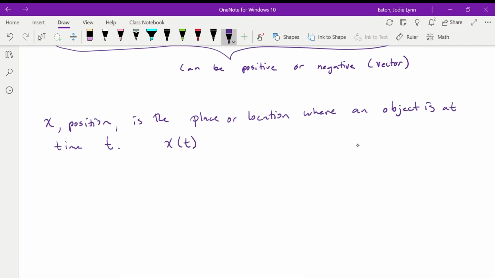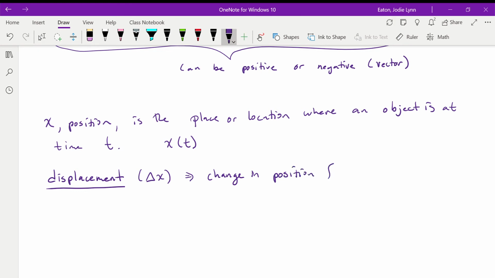So displacement, another word that is good to know, is how much it has moved. The displacement is delta x, and that is the change in position from t1 to t2.